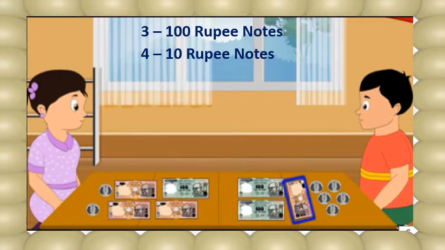Sonu has 2 coins of 1 rupee and Monu has 5 coins of 1 rupee. So together means 2 plus 5 is equal to 7 one rupee coins they have. Correct? Like this we can do the addition.